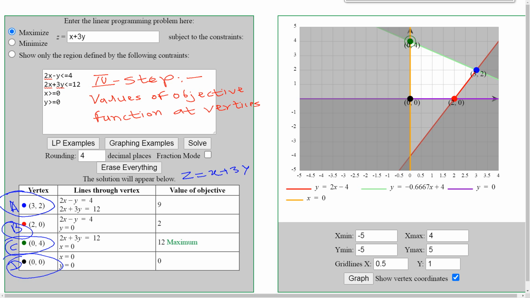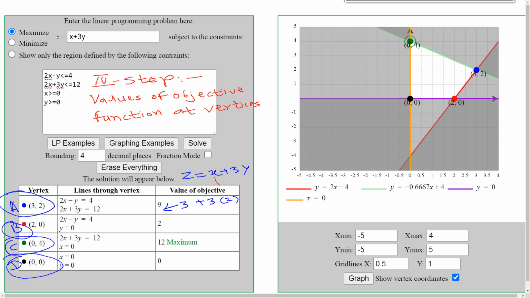The first point is (3, 2). So 3 plus 3 into 2, that is 6 plus 3, which is equal to 9. Now the next vertex is (2, 0).